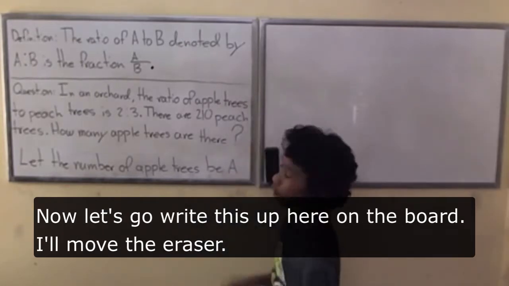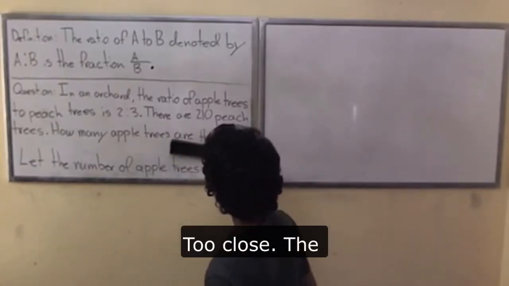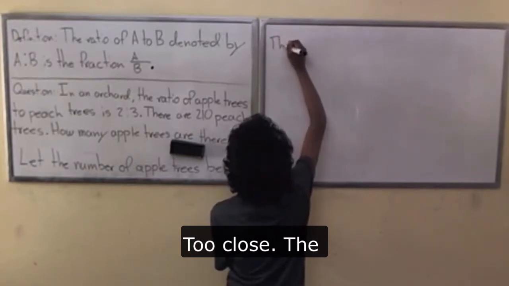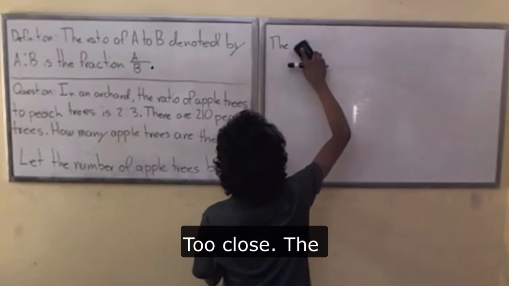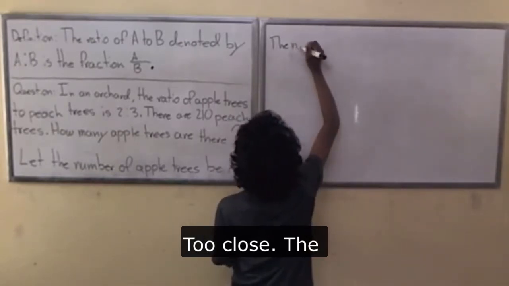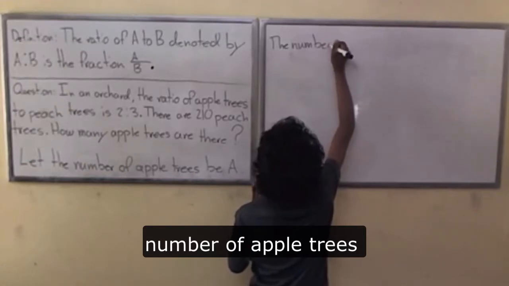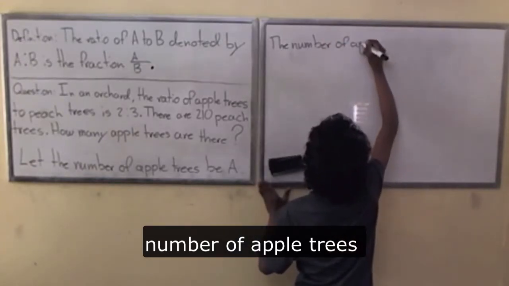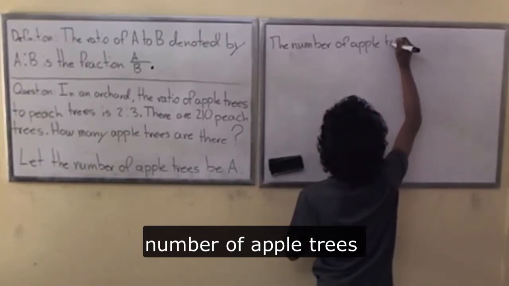Now let's go write this up here on the board. I'm going to move the eraser. It's too close. The number of apple trees.